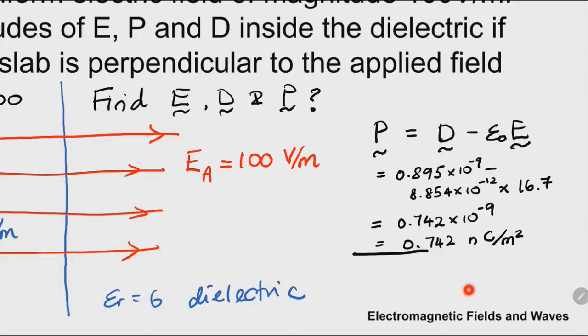Okay, so the polarization is equal to 0.742 nanocoulombs per meter squared.